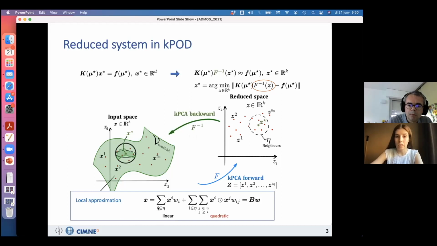We take the linear approximation, which is the usual one in KPCA, but then we have found that adding some quadratic terms into this expression, adding the cross products of the snapshots in the training set, we are able to increase substantially the accuracy of the method.